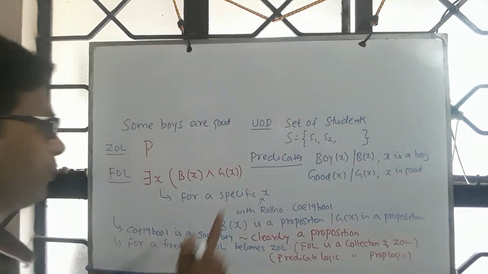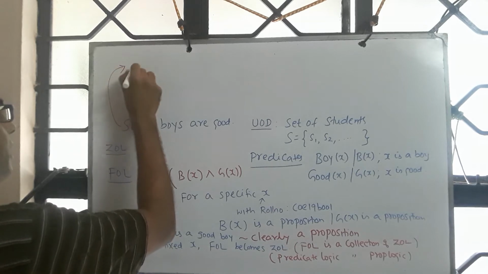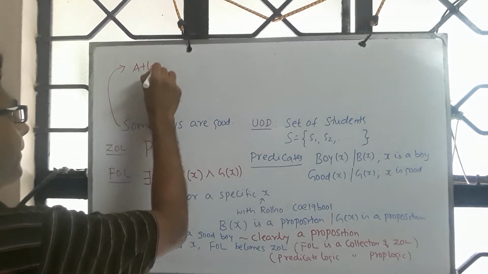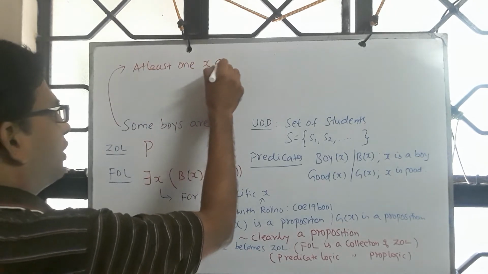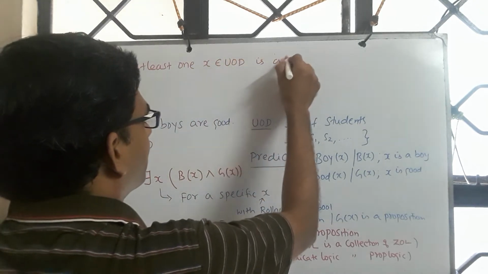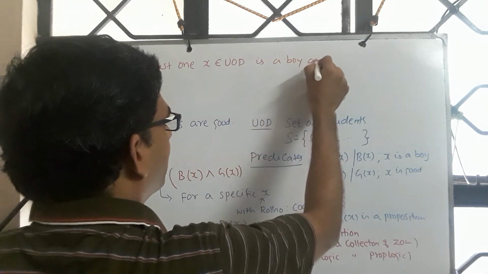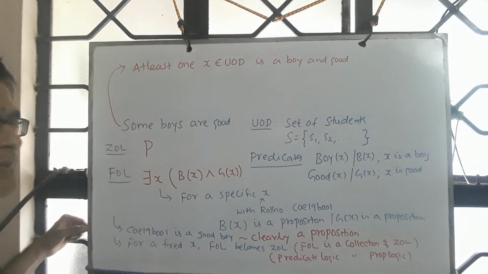So at least one element, this is saying at least one X belonging to UOD is a boy and good. Correct?